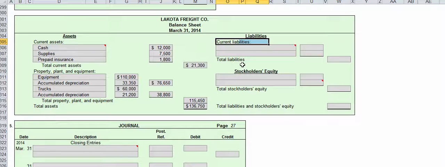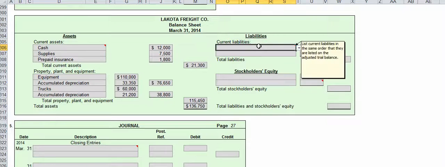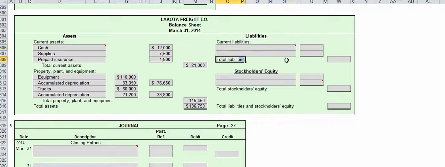The part that we'll pay back within 1 year would be a current liability. But the part we'd pay back years 2 through 5, the principal portion there, would be a long-term liability. However, in this problem, we only have current liabilities. So total current liabilities will give us total liabilities. We won't total them separately.